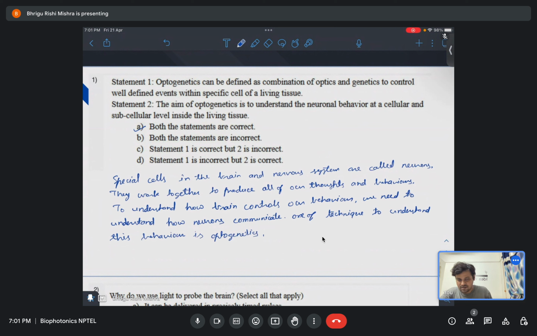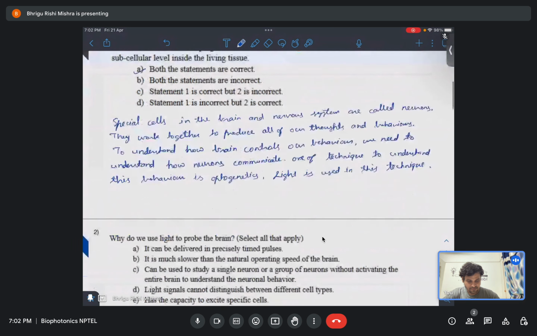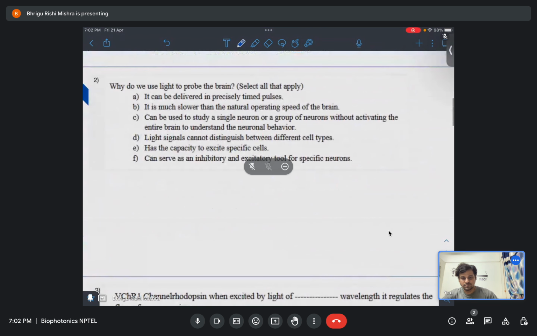Light is used in this technique with some tissue engineering to understand the behavior of these neurons. Okay, so let's move to the next question.